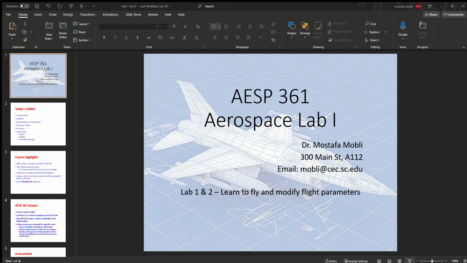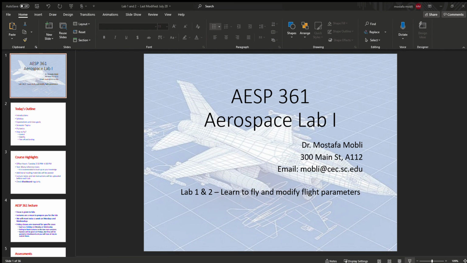We covered all the basics. We covered the syllabus, and today we are going to start talking about the flight controls. Essentially, flight controls are the first step of Lab 1 and Lab 2, becoming familiar with the flight control.